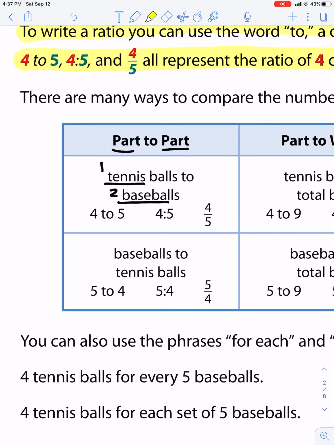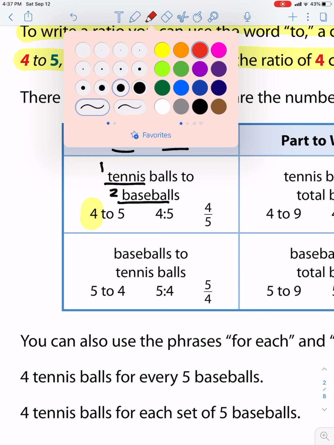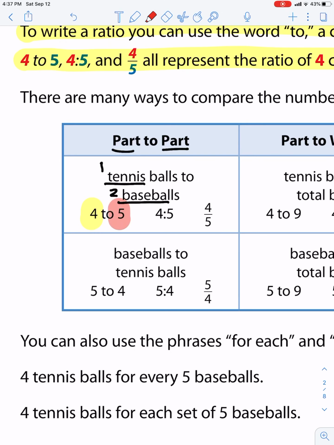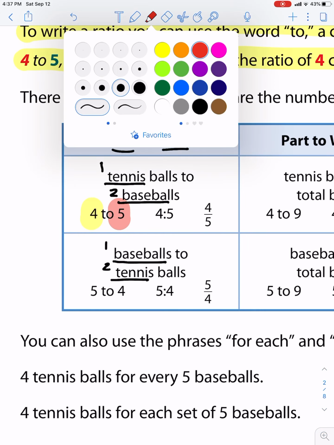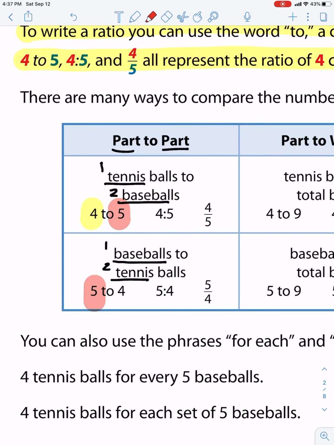You can see that the 4 is first, followed by the 5. Okay? So 4 tennis balls to 5 baseballs. The same is true if you want to do it in reverse. Baseballs would be first to tennis balls. So again, the 5 would be first, and then the 4 would be second if you're comparing it that way.